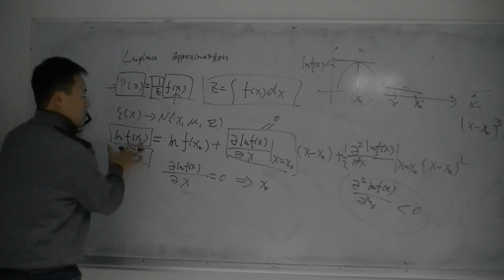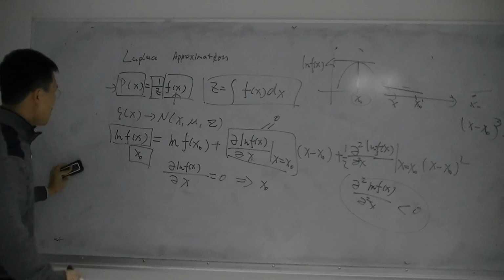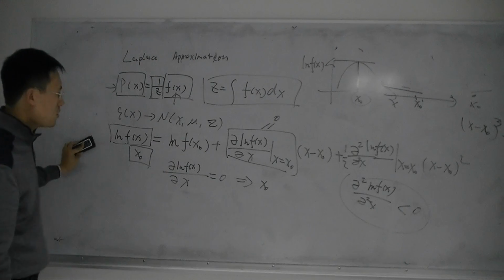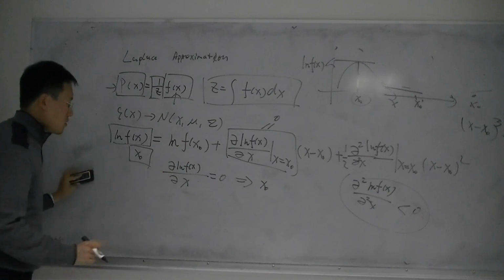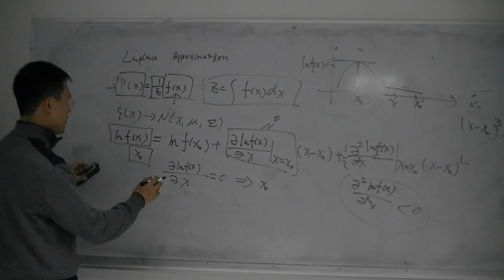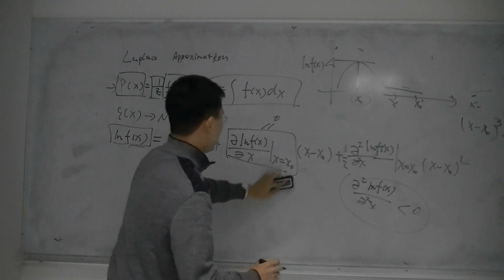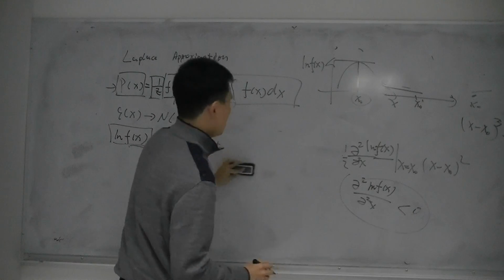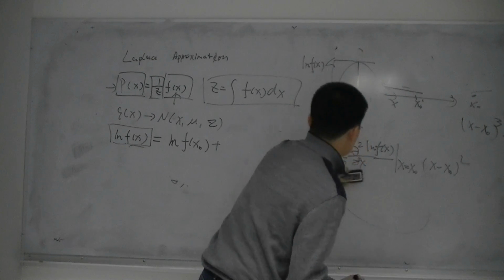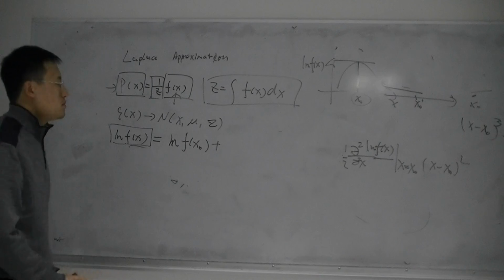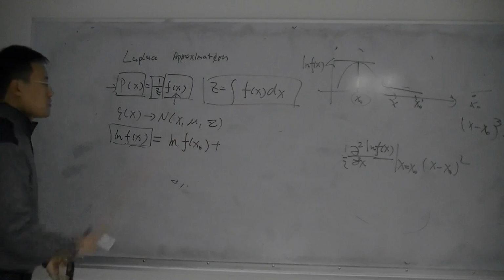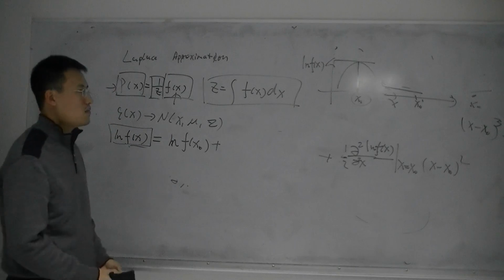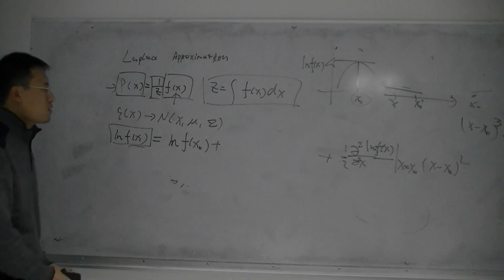And if we expand the logarithm of f(x) around x0, and set x0 so that the first order derivative equals 0, then we can find something like this. We just eliminate the first term.